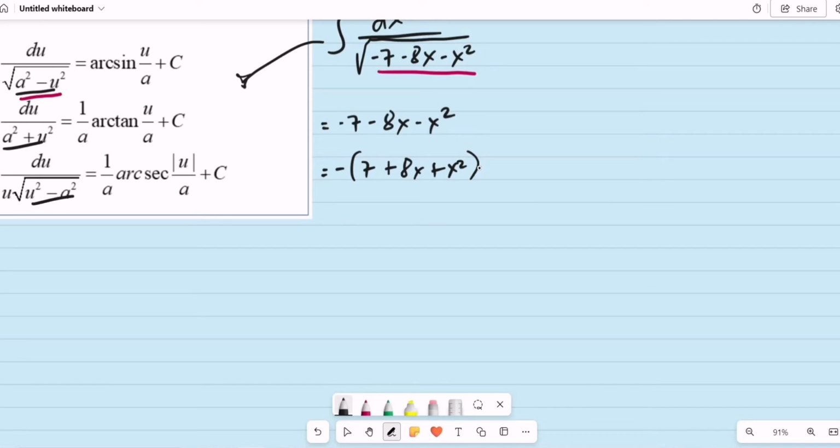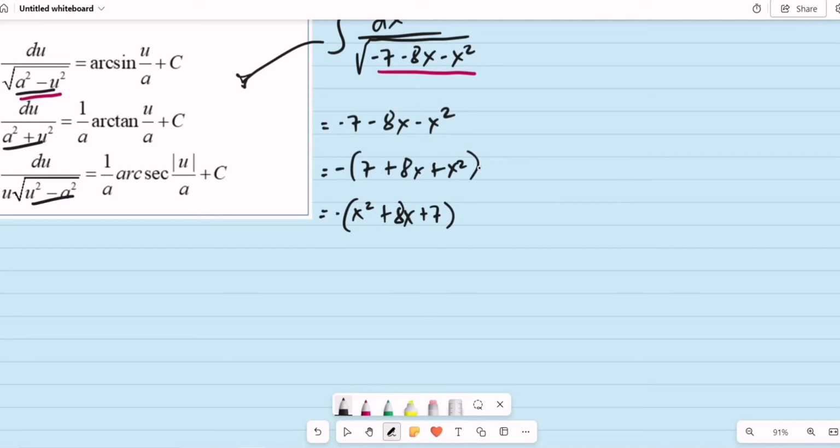So we can do completing the square so that we will have just 2 terms. If you recall, we need to rearrange the terms first. The first term will be the one with the highest exponent, that is x squared plus 8x, plus 7.